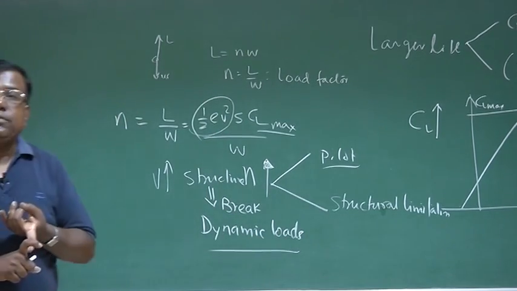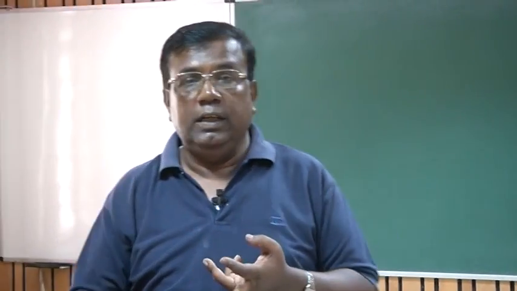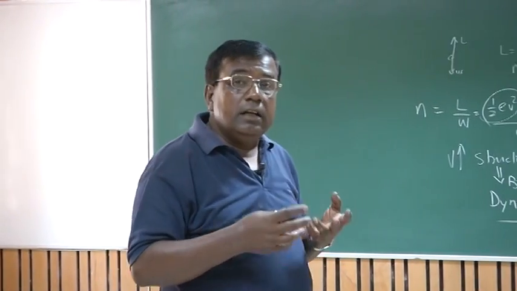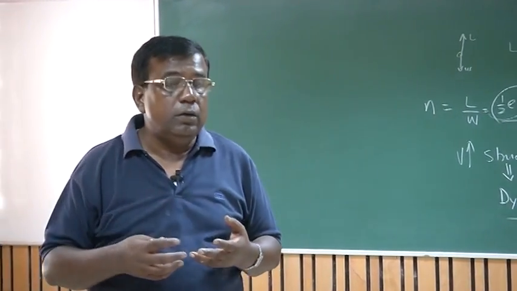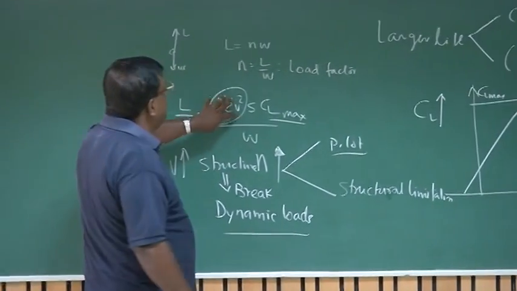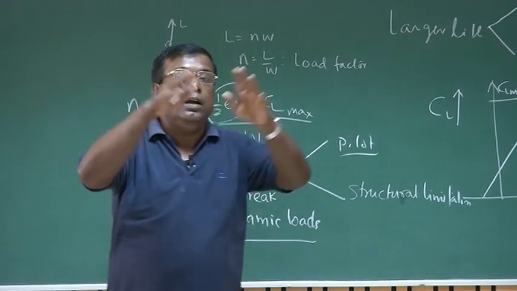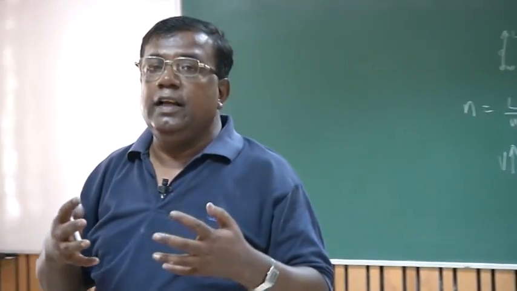So one is the CL max limit, one is the limit because of N, which has the pilot's limitation, then the structure limitation to withstand large inertial load, and also because of high dynamic load through half rho V square dynamic pressure, the structure may break. These will draw the boundary of what is the speed and what is the load factor the pilot is safe to fly.